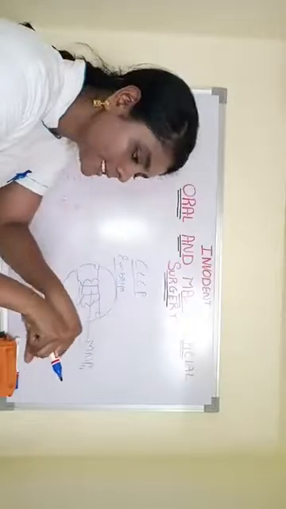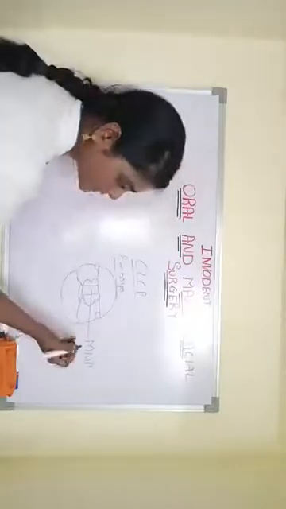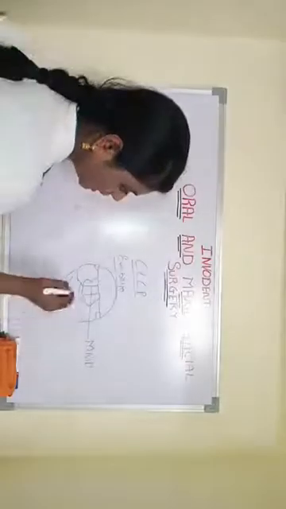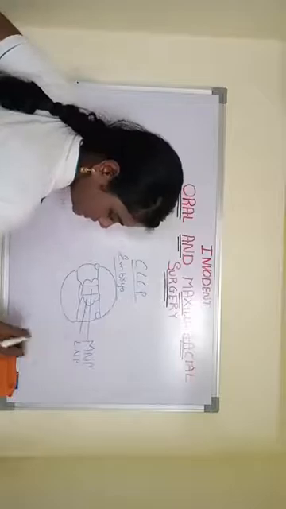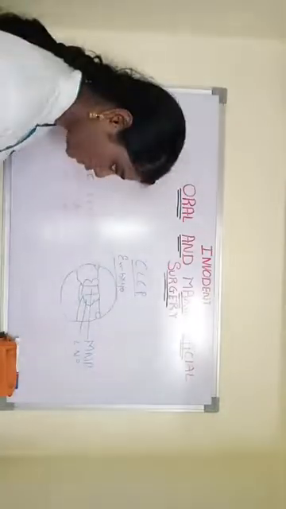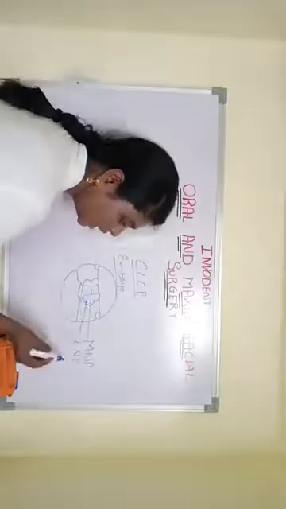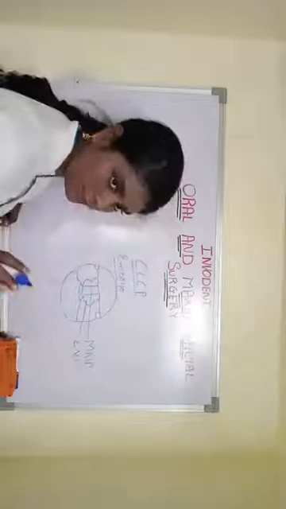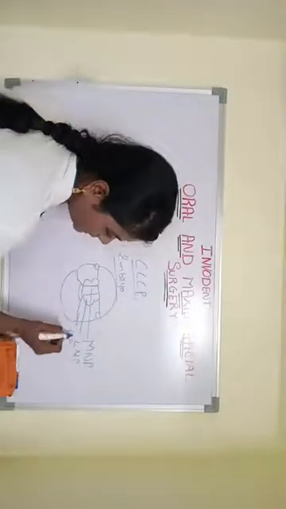The two medial nasal processes fuse in the midline to form a single medial nasal process. Then on either side there will be lateral nasal processes. These lateral nasal processes form the ala of the nose. So this is the lateral nasal process forming the ala of the nose, and this is the medial nasal prominence, and this is the maxillary prominence.